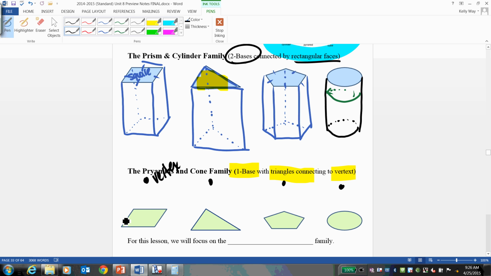So here's a square-based pyramid. We're going to connect this corner, and that's all visible. This back one is not visible. Technically, that back edge and this edge are also not visible, so you dot it. This is a triangular pyramid. Not all pyramids have a square base. Please keep that in mind.